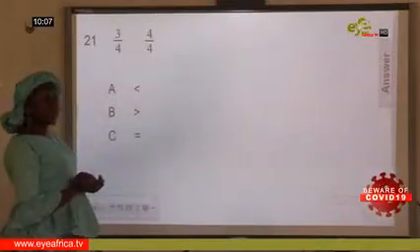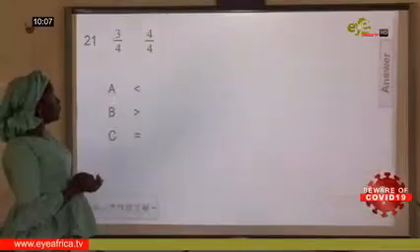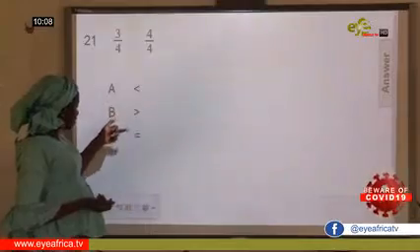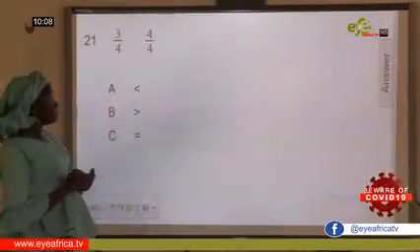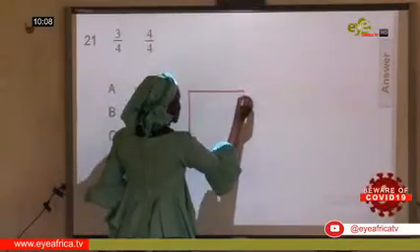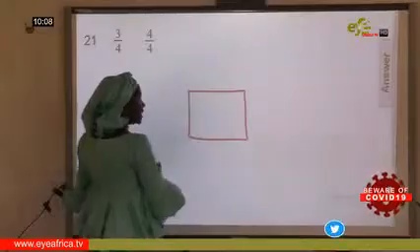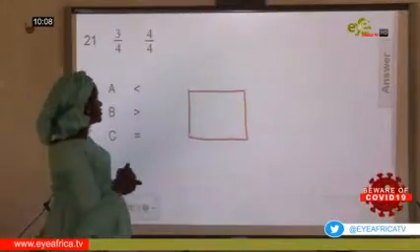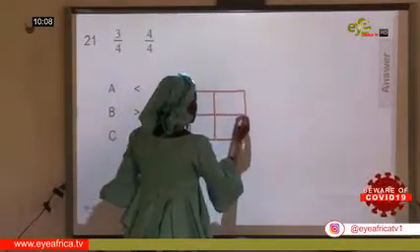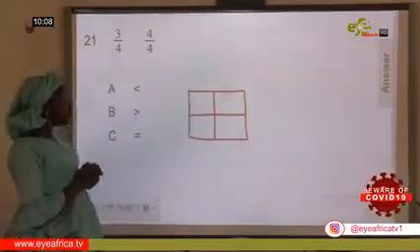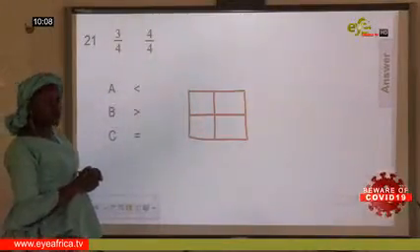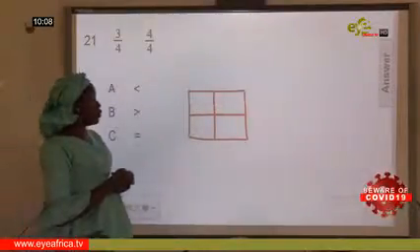3/4 and 4/4. Is it less, greater, or equal to? Here is a chart. I'm drawing a chart and I will divide it into 4 equal parts. If I say 3 portions of the chart, it is representing 3/4.